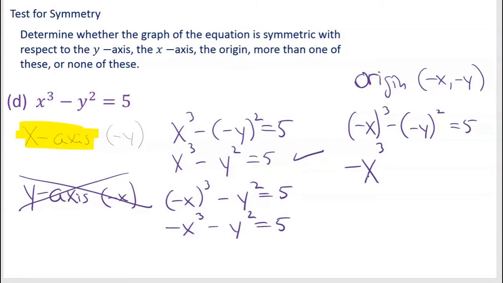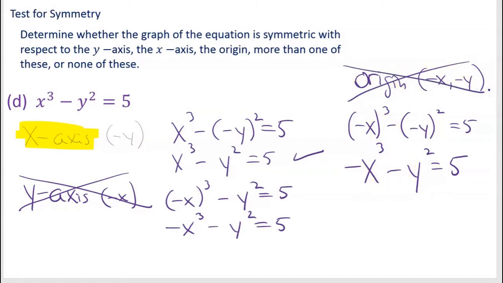Minus y squared, negative y all squared is positive y squared. So again, notice the negative went away. This negative simply came down. This negative y squared turns into positive y squared. This does not match the original, you'll notice. So this does not have origin symmetry.